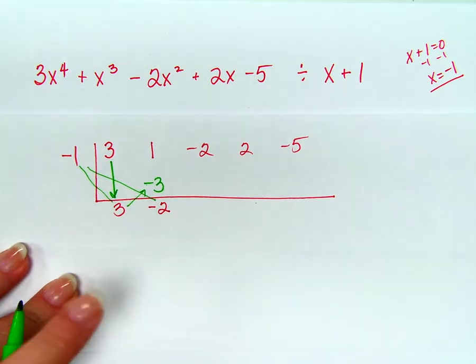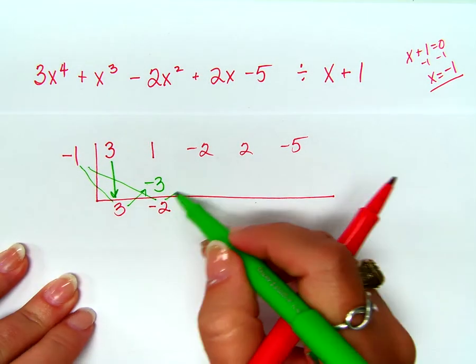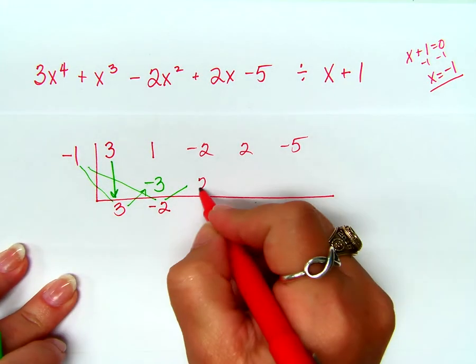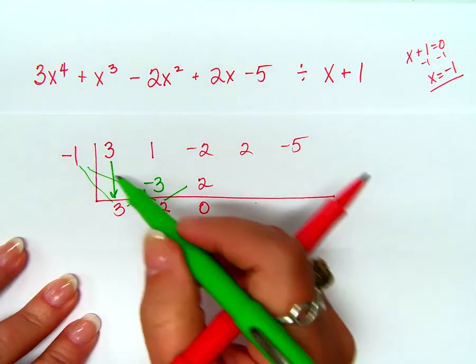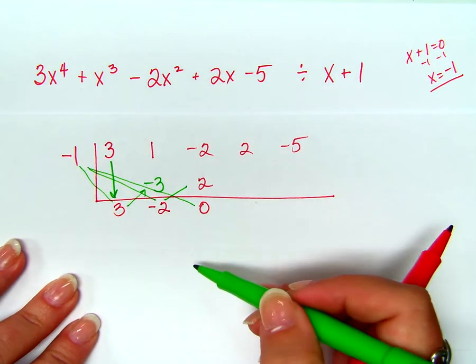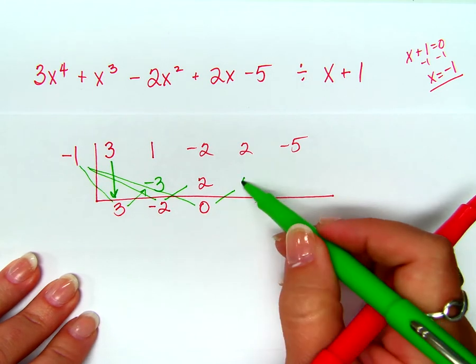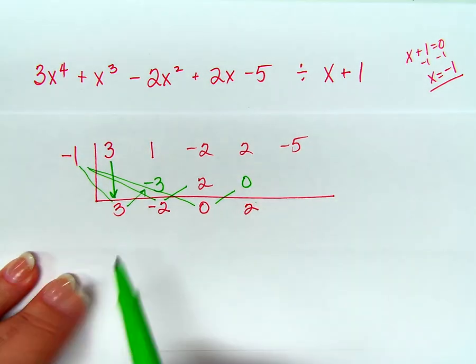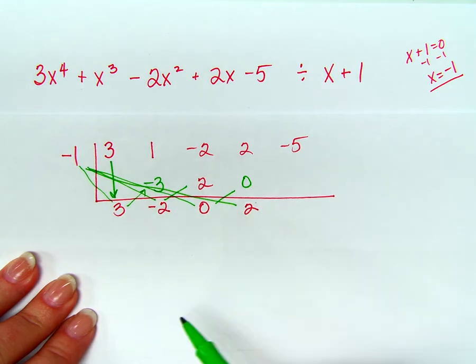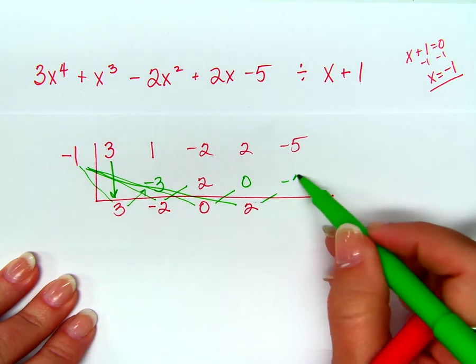Multiply. Write it right there. Add. Multiply. Write it right there. Add. Multiply. Write it right there. Add.